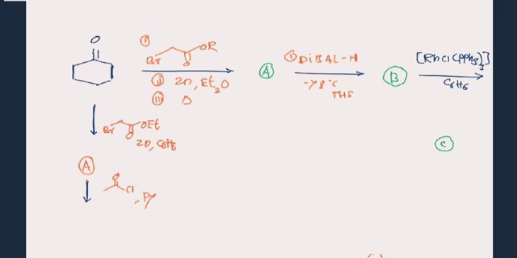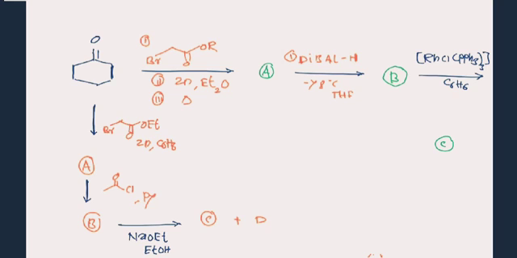And then later on, that molecule, B, on treatment with a base, for example sodium methoxide or ethoxide, in the presence of ethanol, you will get C and D in the ratio of 99 to 1.